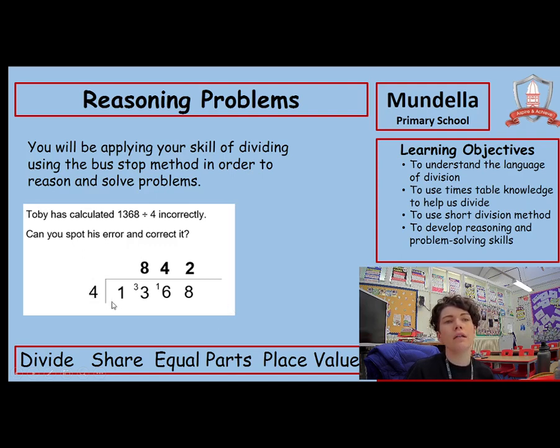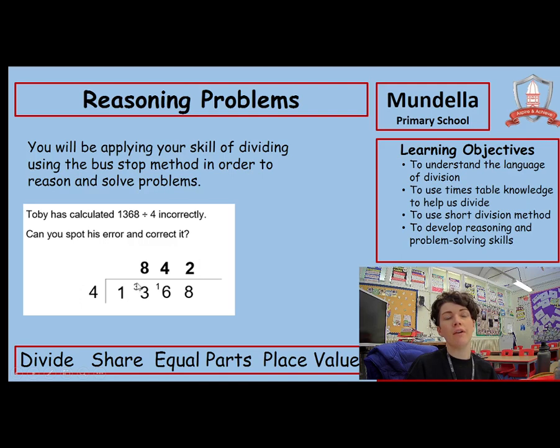First of all, how's he set it out? He's put the number he's dividing onto the bus stop, great, that's correct. And the number that he's dividing by on the outside, divided by 4. Correct. So the way he set it out is correct. 4 into 1: in other words, does 4 fit into the number 1? The answer is no. So that would be a 0, or he's left it blank, that's fine.